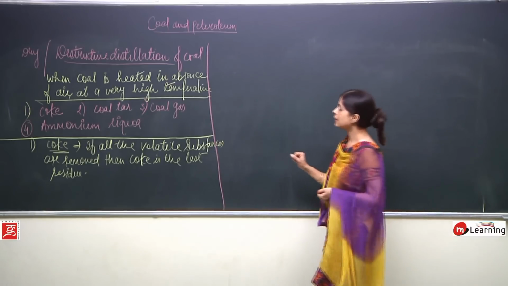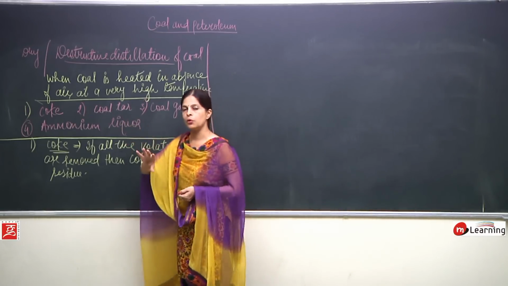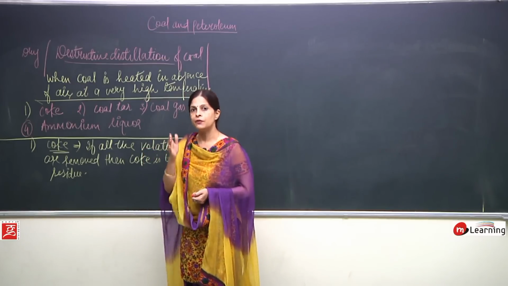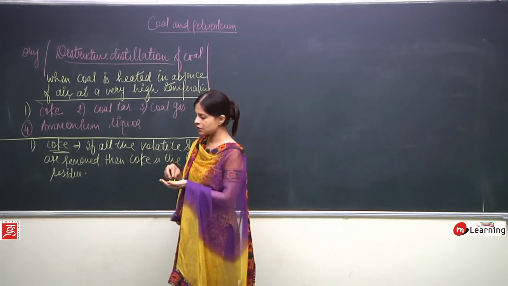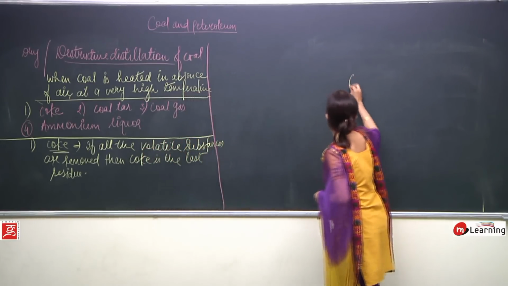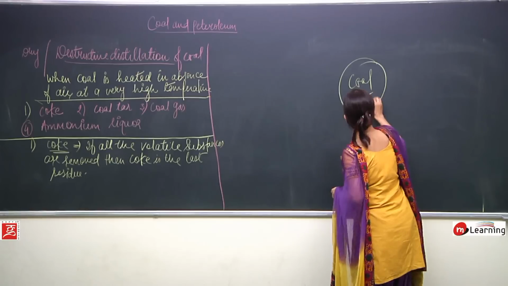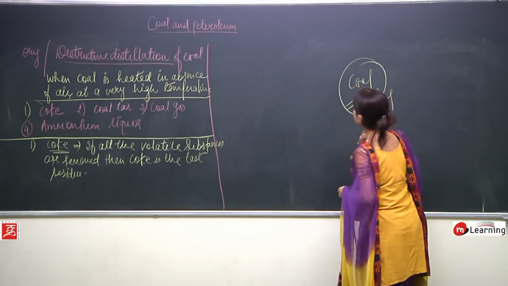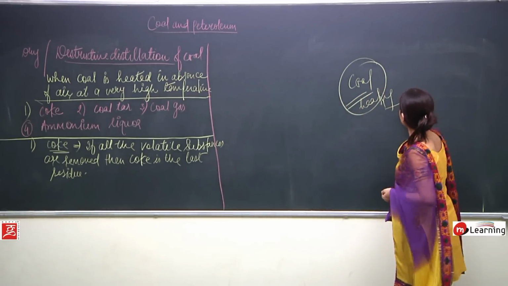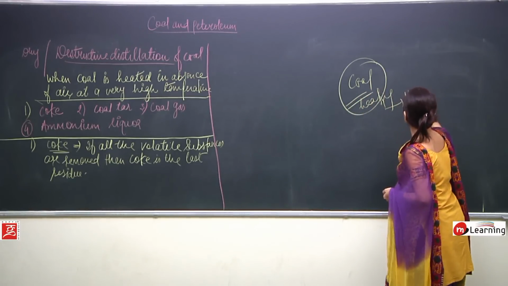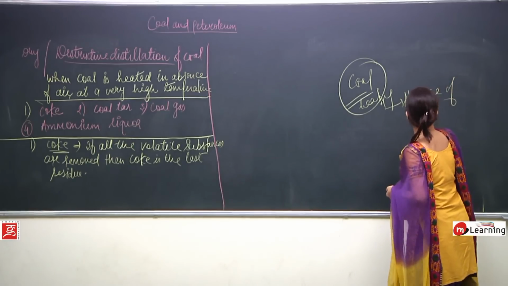Okay, now see, coke is formed from coal. How is it formed? When coal is heated, please try to understand. What we are doing here, we are heating coal in absence of oxygen.